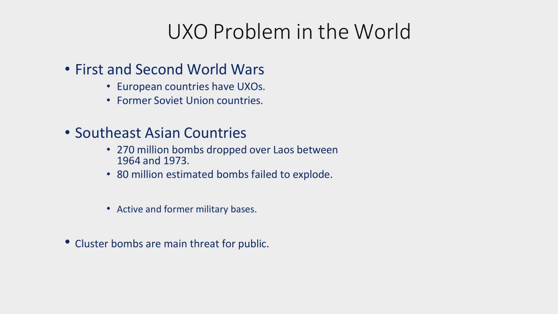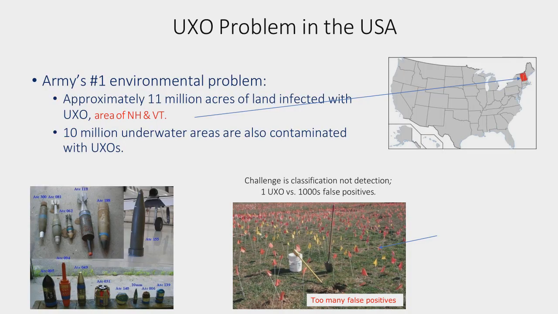By approximation, 270 million bombs were dropped, and out of 270 million, 80 million are estimated not to have gone off as intended, and they failed to explode. That still remains a problem for those countries. We have active and former military bases which are highly contaminated with these unexploded ordnances. And in recent days, we have cluster bombs, which pose a threat to the public for a long time.